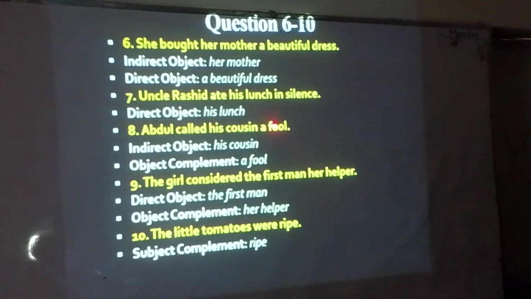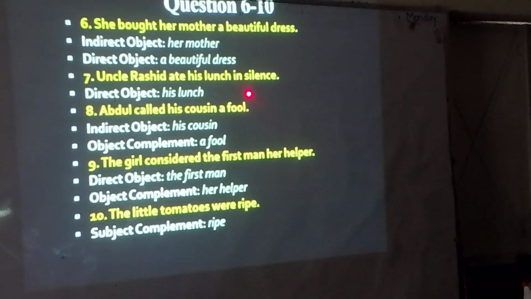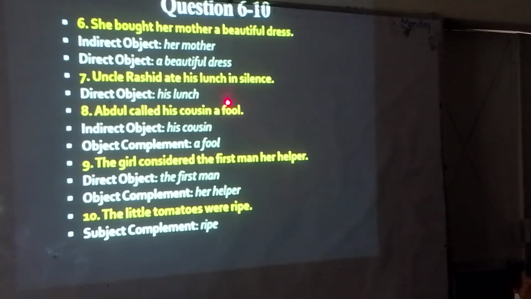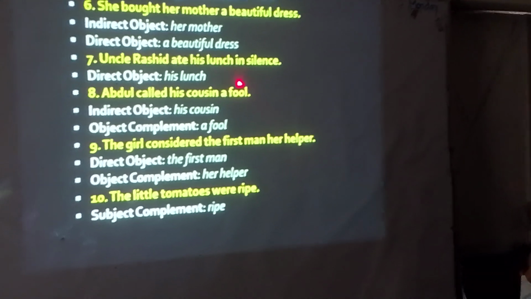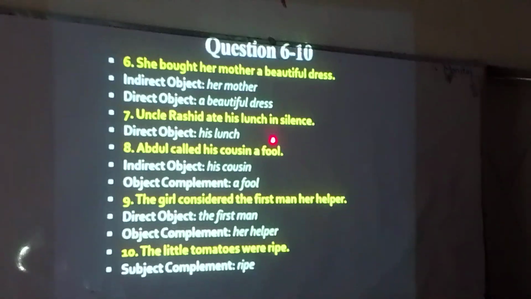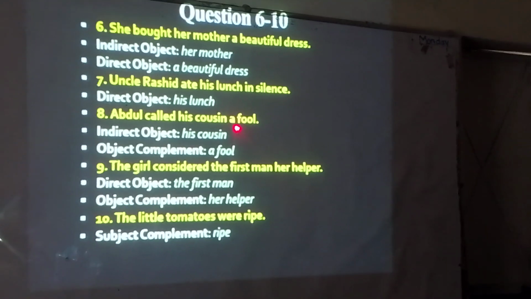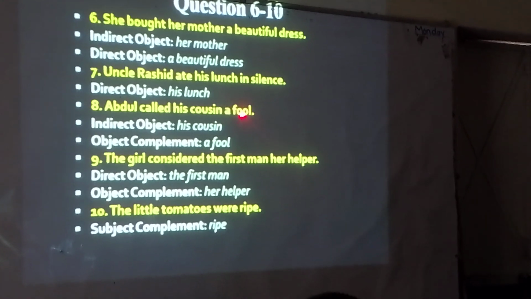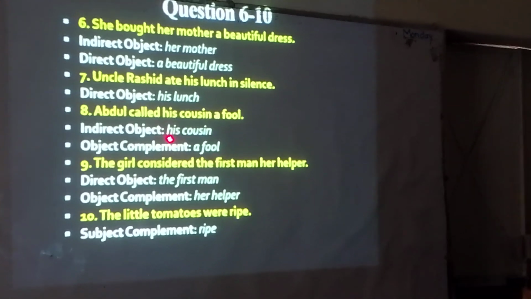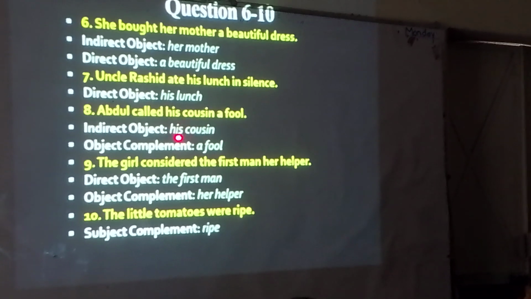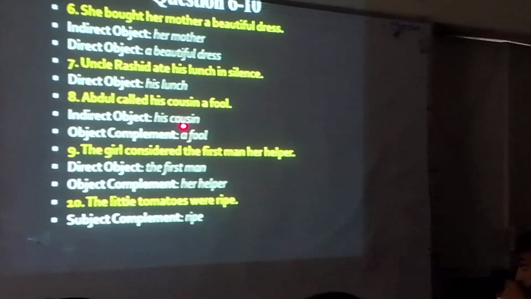First the action of calling is affecting the title of fool. Clear? We give titles to each other. Cousins are free and frank with each other, so they call each other fools and things like this, okay? So this action of calling is directly affecting a fool. His cousin is indirectly affected. His cousin is the indirect object.